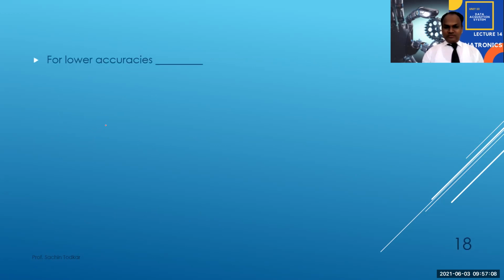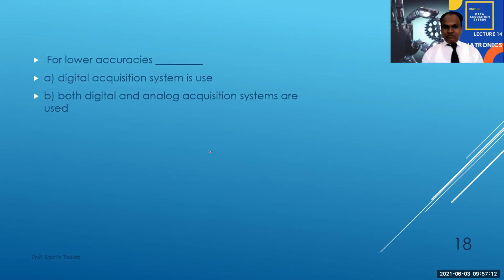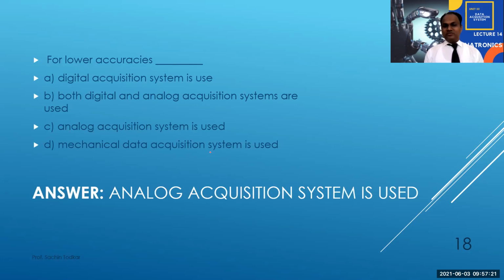For lower accuracies, which acquisition system is used: digital, both digital and analog, analog, or mechanical data acquisition system? For lower accuracies, we can use the analog acquisition system, and it will have one advantage.